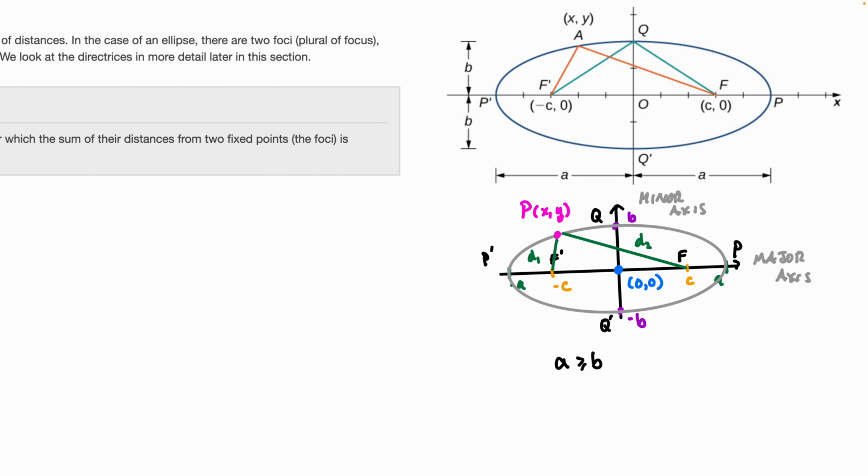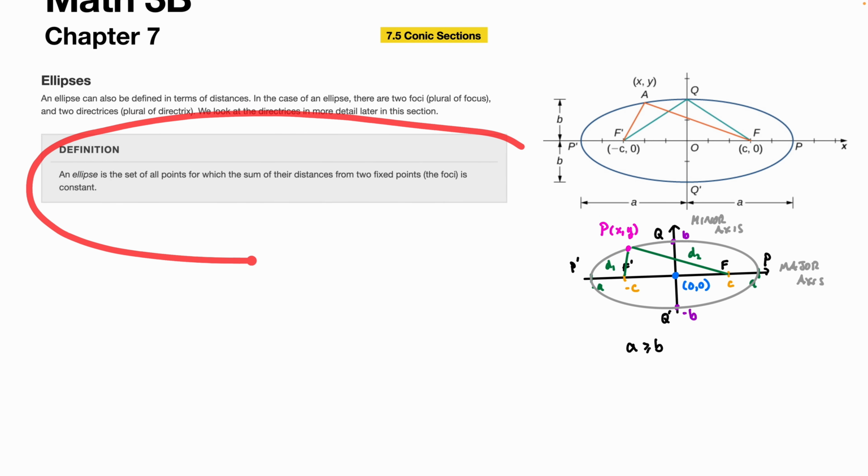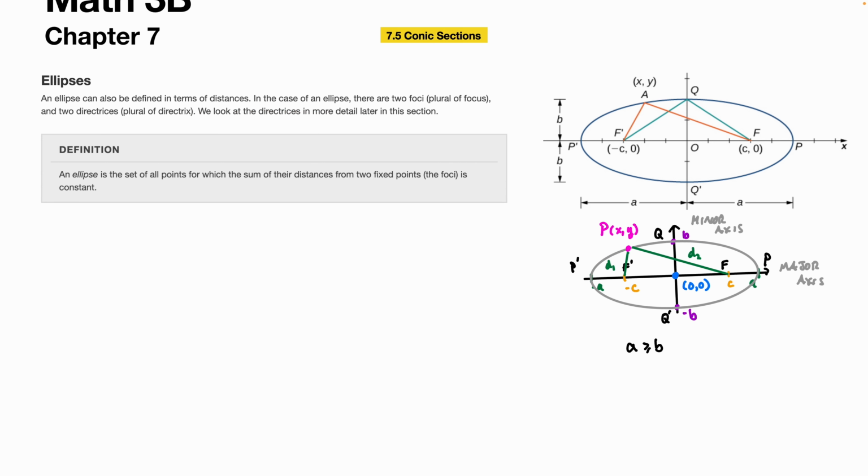So we can see, unlike the parabola where the distances were equal, now what they're saying in this definition, we have a d1 and a d2, that the sum d1 plus d2 needs to be constant. That's the definition. All right, let's play around with that.